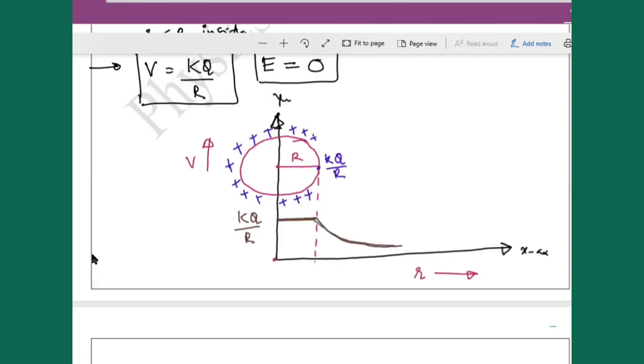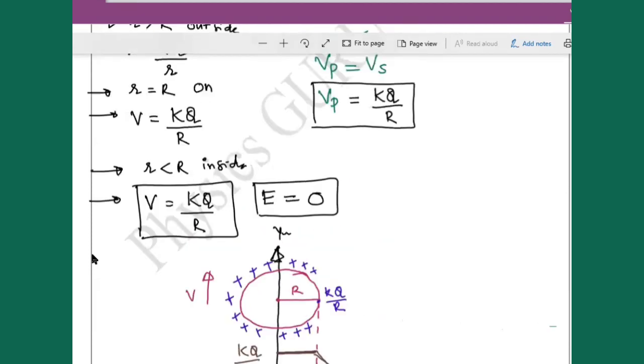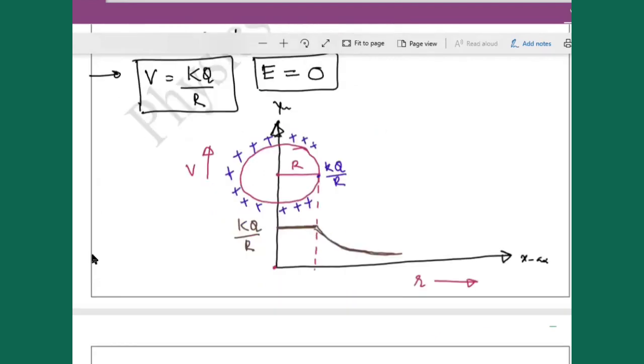What is outside? kQ by small r. So it's nothing but kQ divided by small r, that is V proportional to 1 by r outside. This is the graph for that.